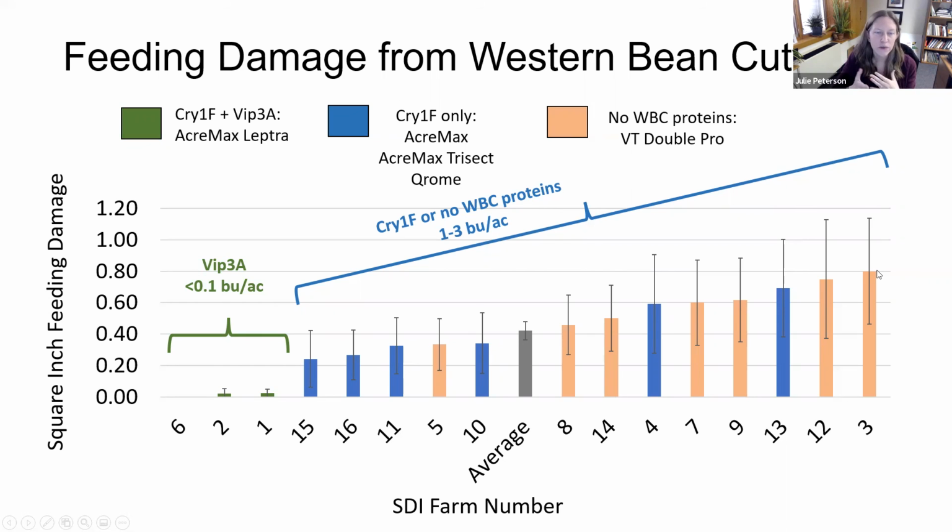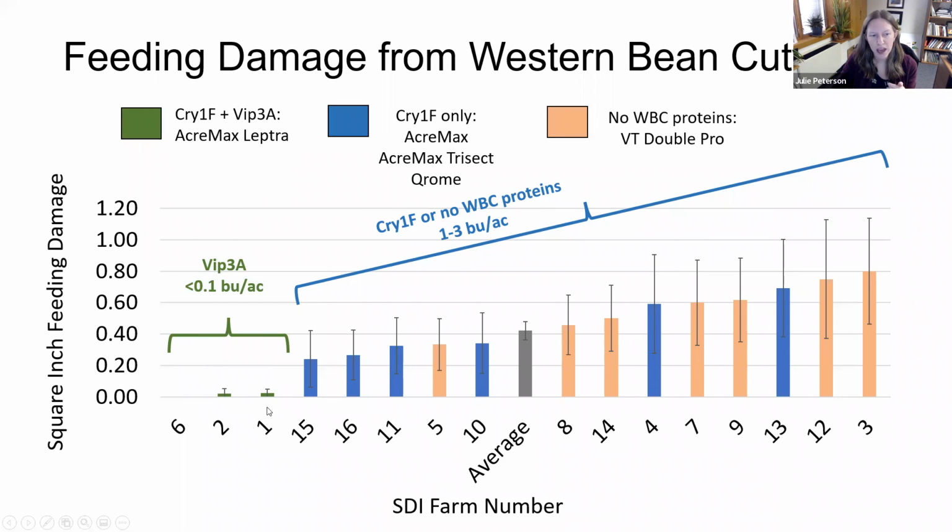Now, I said that it was sort of a low to medium amount of pressure. We also seem to have kind of low survival of Western bean cutworm in this year. So I would expect going forward that Western bean cutworm are going to be doing more feeding damage than what's shown here.